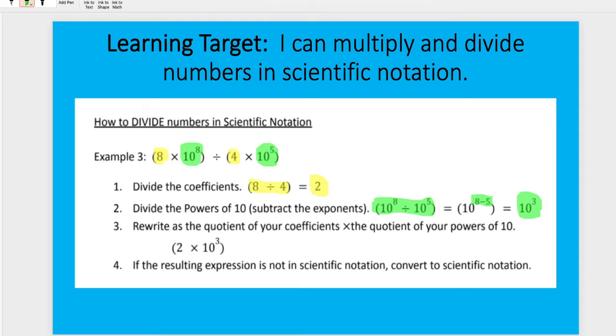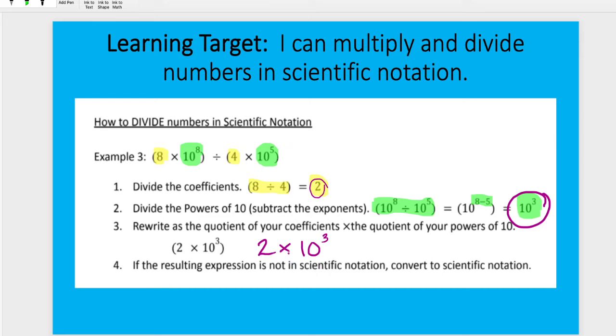And then I'm going to combine the quotient that I got when I divided my coefficients and the quotient that I got when I divided my powers of 10 into an expression that is in scientific notation. And once again, I want to double check to make sure my final answer is actually written in scientific notation.